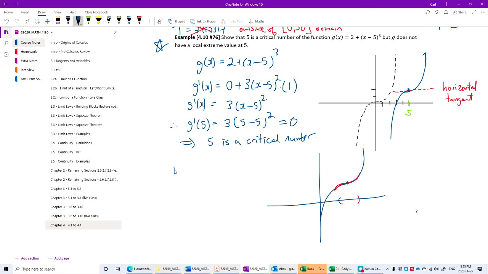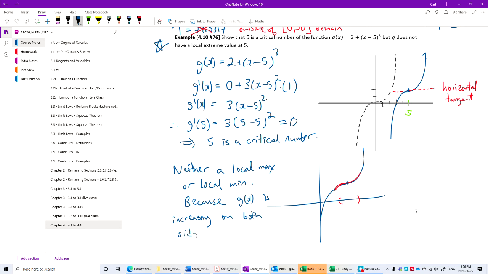So it's neither a local max or a local min, because g of x is increasing on both sides of x equals 5, right? It's increasing up to that point, and then it's increasing again after that point.